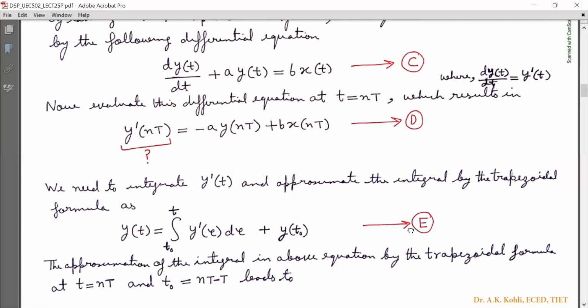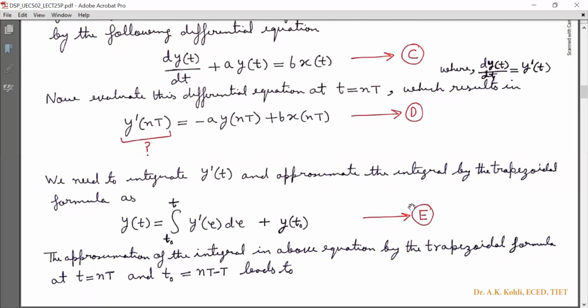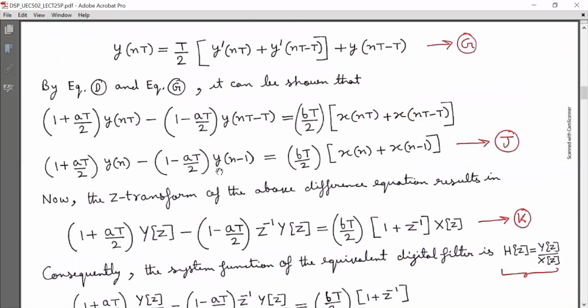Mark it as equation E. The approximation of the integral in the above equation by the trapezoidal formula at t is equal to nT and t naught is equal to nT minus T leads to y(nT) is equal to T by 2 bracket y dash (nT) plus y dash (nT minus T), plus y(nT minus T). Mark it as equation G as shown.